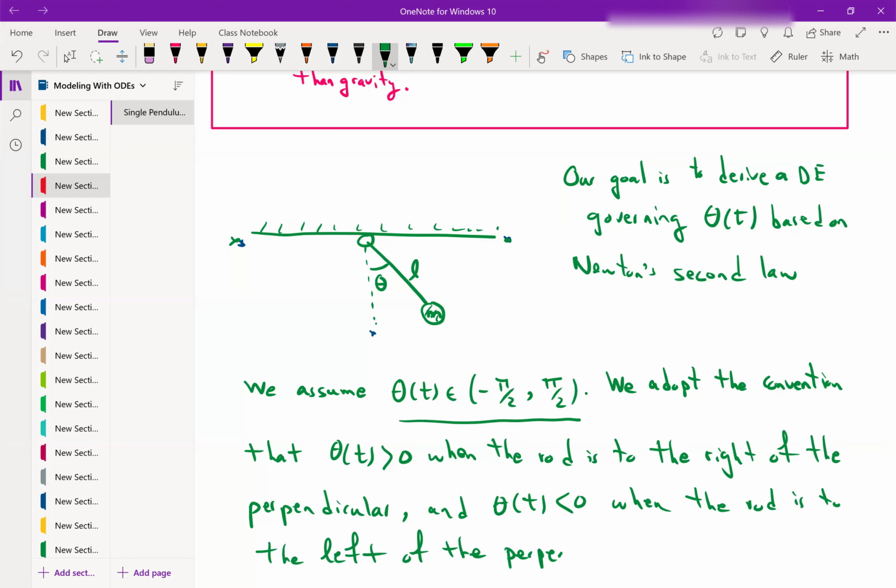So these are our conventions. You may choose other conventions and then solve the problems with those conventions. In my solution, I'm going to make these conventions.